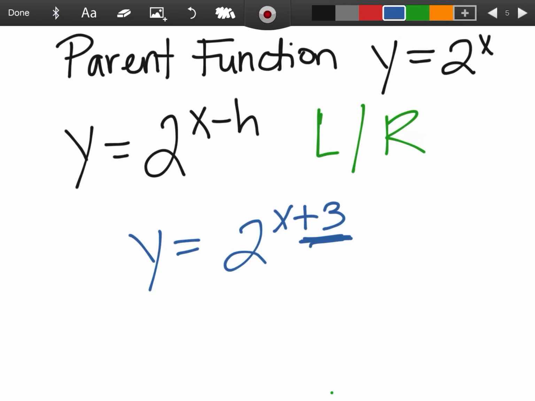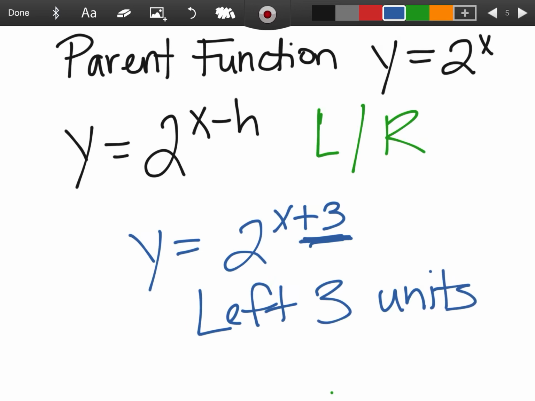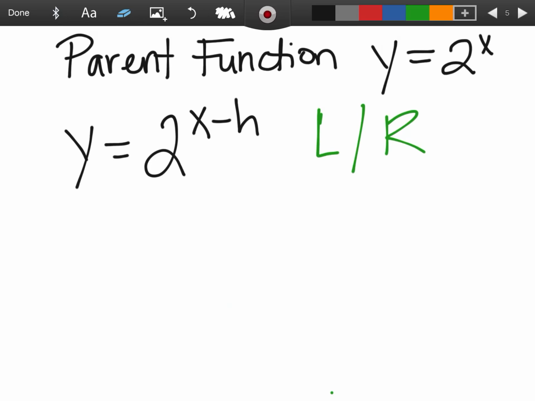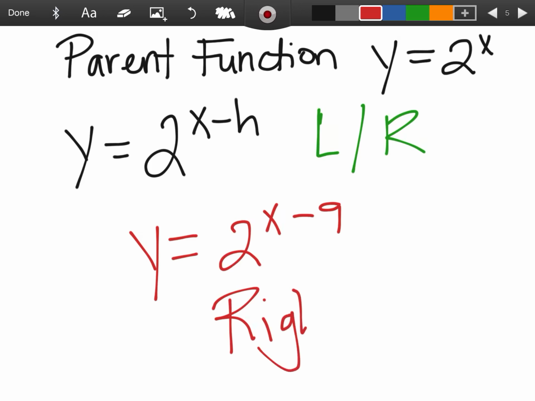Opposite H, so I'm going to the left 3 units. Just do one more. What if I had y equals 2 to the x minus 9? Opposite H, so I'm going right 9 units.